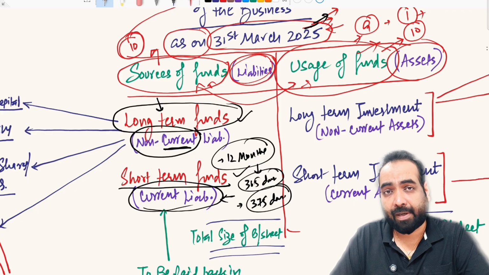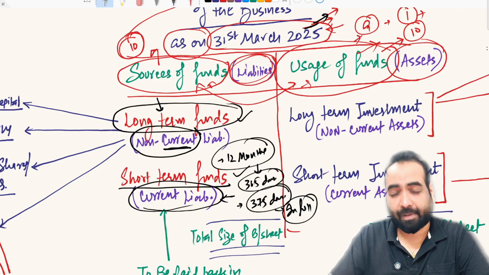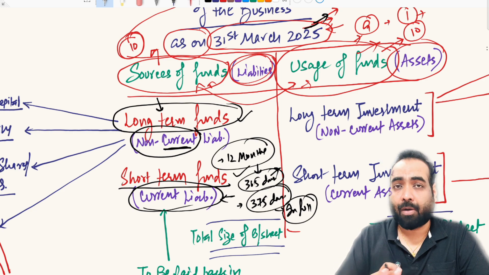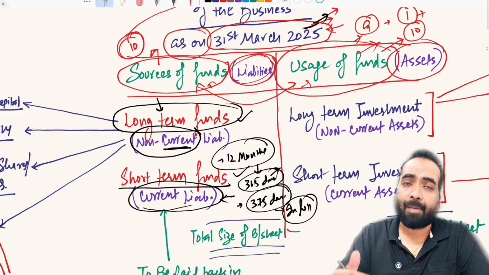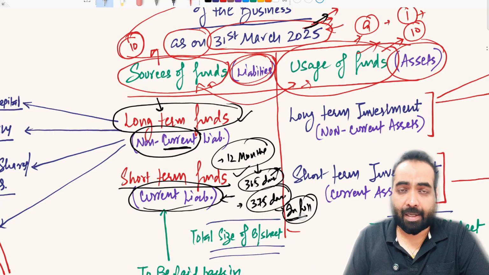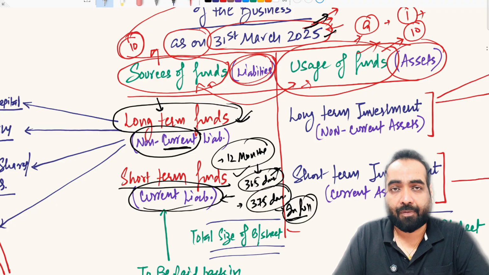That means in the next 12 months, you are not obliged to repay the amount to Mr. A, right? So the amount due to Mr. A shall be classified as long-term funds in the balance sheet as of 31st March 2025, right?